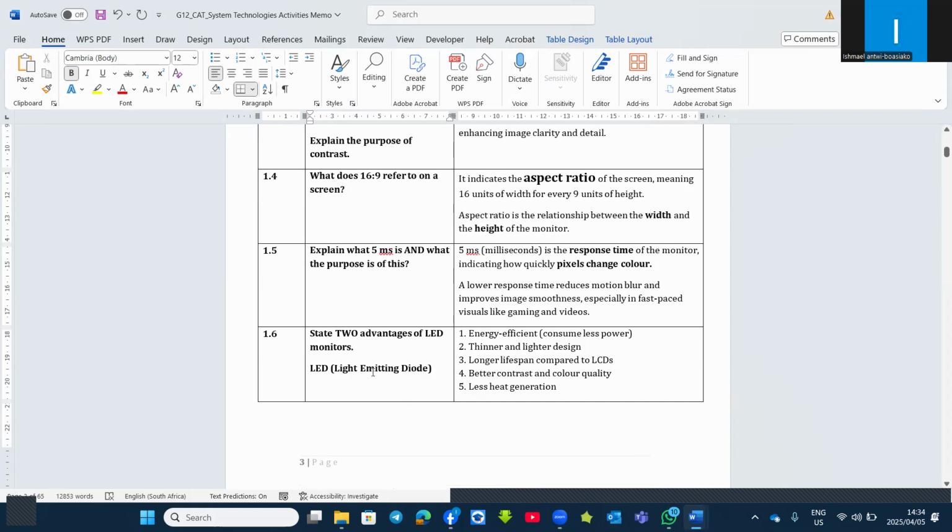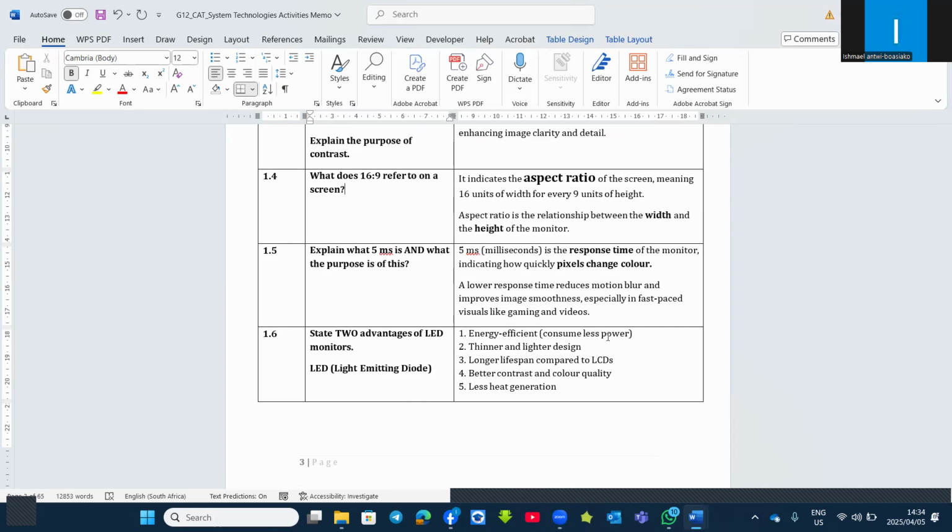Now the next question, 1.6: state two advantages of LED monitors, light emitting diode. Light emitting diode has replaced the cathode ray monitor, which we don't talk about anymore. The first advantage is that it is energy efficient. You can say it consumes less power. Please be specific. We need a keyword whenever you are answering this type of question.